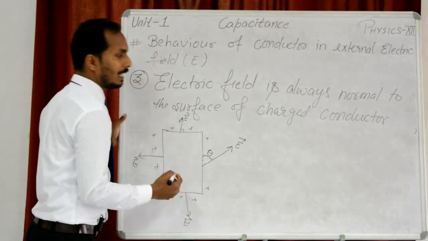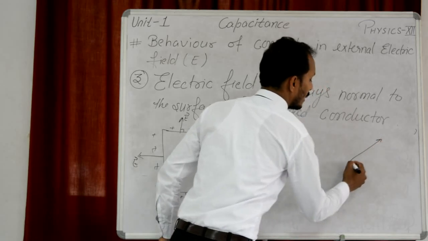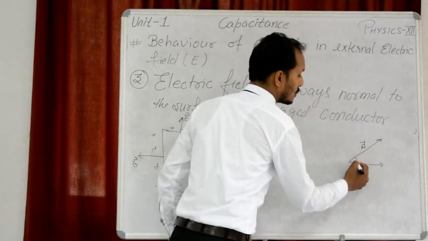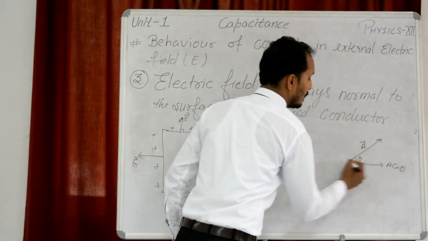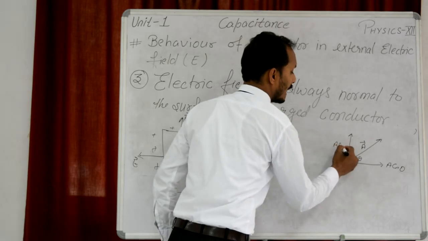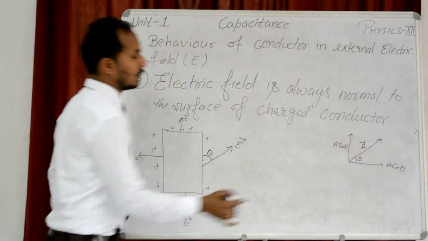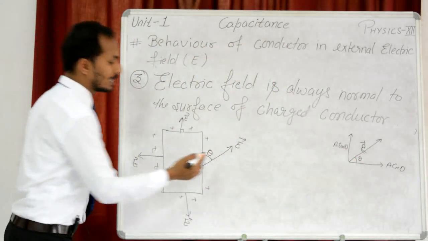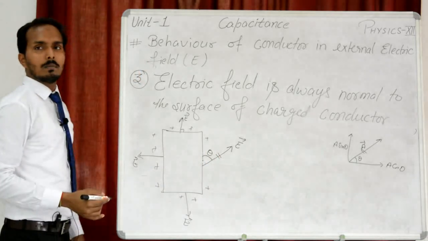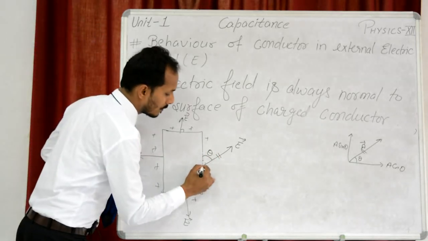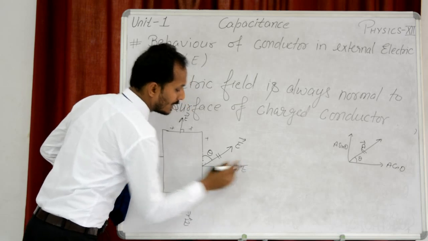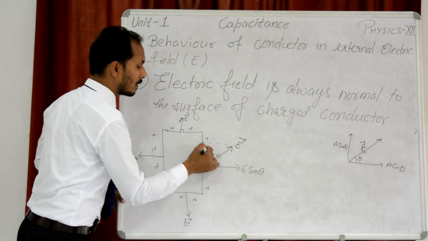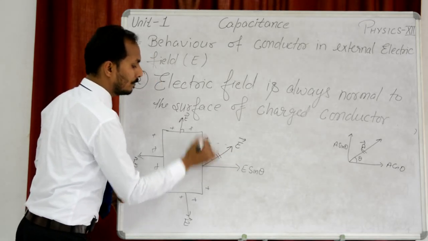The electric field is a vector quantity, and a vector quantity can be resolved into two components. Suppose this is the vector A; I can resolve it into two components, A cos theta and A sin theta. Similarly, this electric field can be resolved in two ways: on this side E sin theta, and on this side E cos theta.